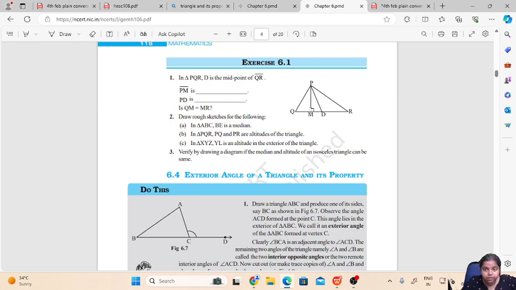D is the midpoint, that means PD is the median. What is PM?